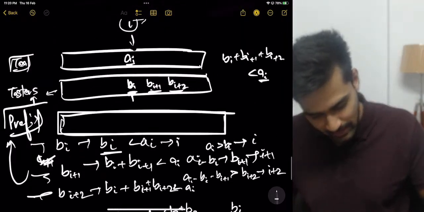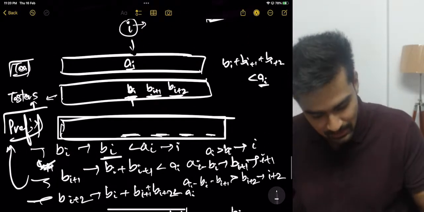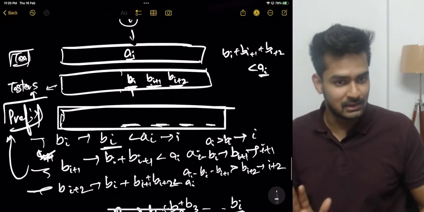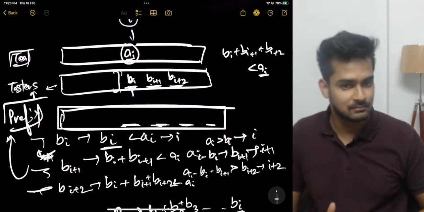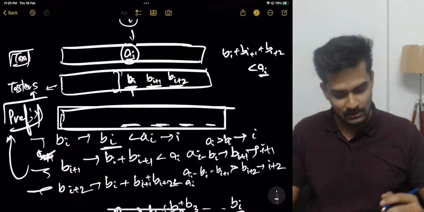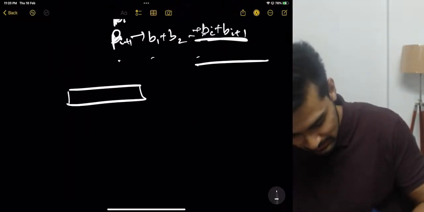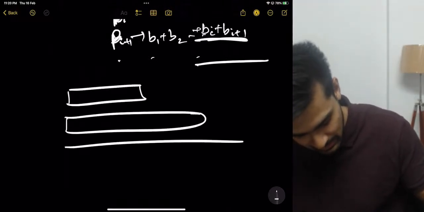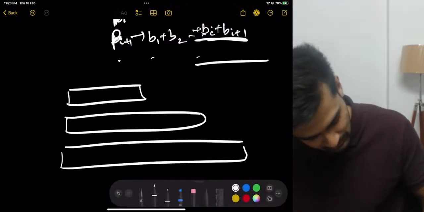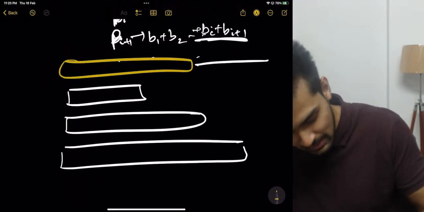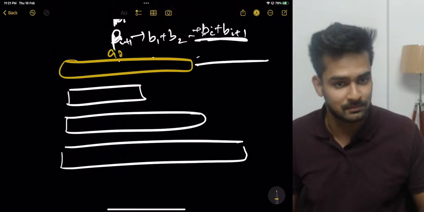What we do is, instead of decreasing all these prefixes by the summation of b_{i-1}, we add b_{i-1} to a_i. Let's say I had these values, and I had to see whether this a_i is greater than which one, smaller than which one.